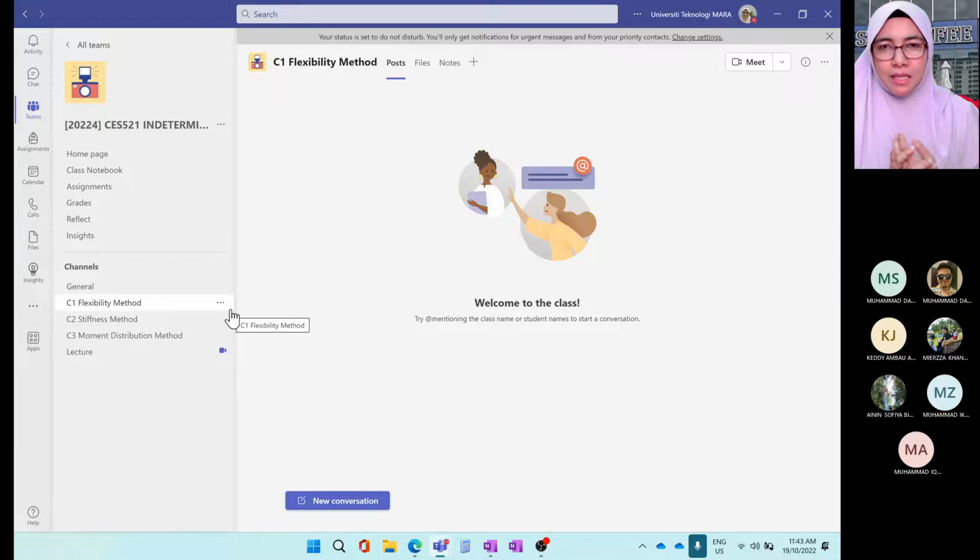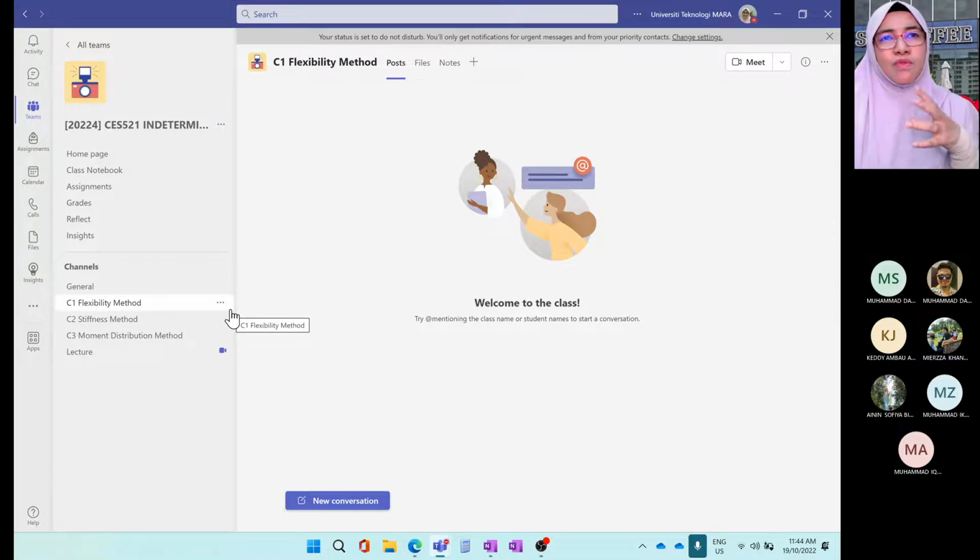Lepas tu belajar pula truss. Again, apply equilibrium equation. Dah belajar lah macam mana kita nak calculate determinacy, when it is determinate structure, when it is indeterminate structure. So if it is determinate truss, for example, how to calculate reaction in determinate truss.